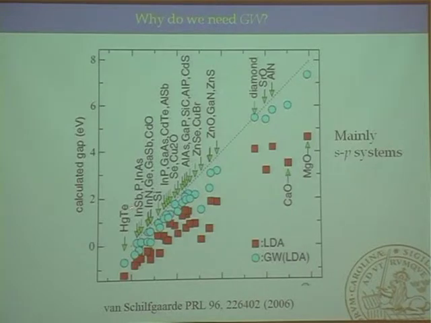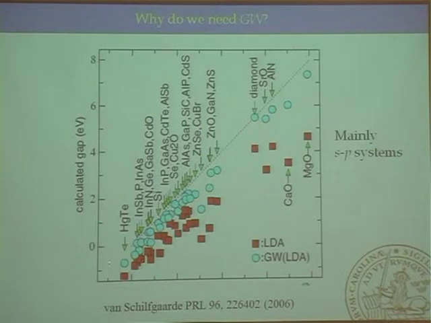This is a nice collection of well-known semiconductors and insulators. Most of them are not strongly correlated materials that you've been hearing about. These are just band insulators or band semiconductors.